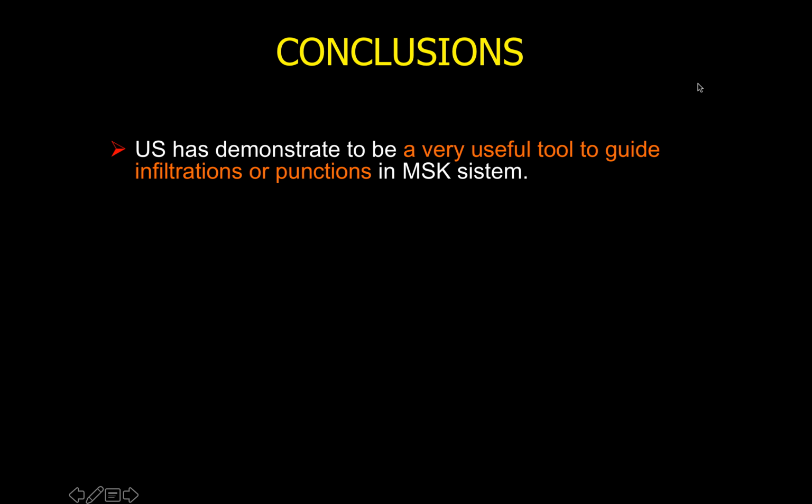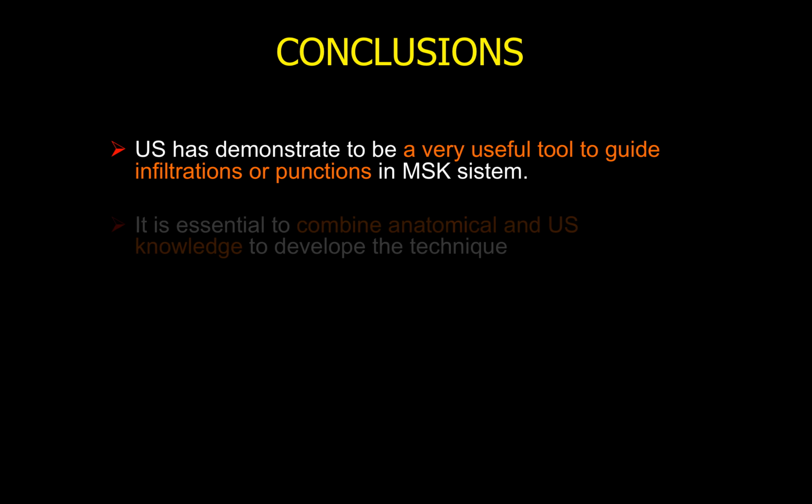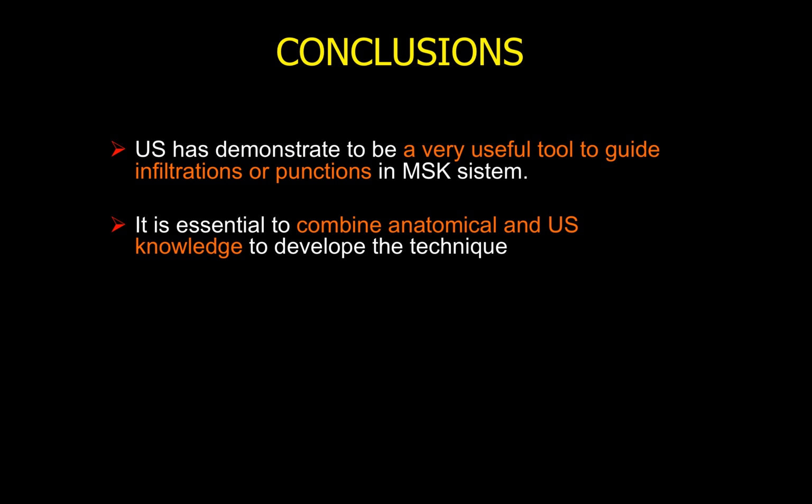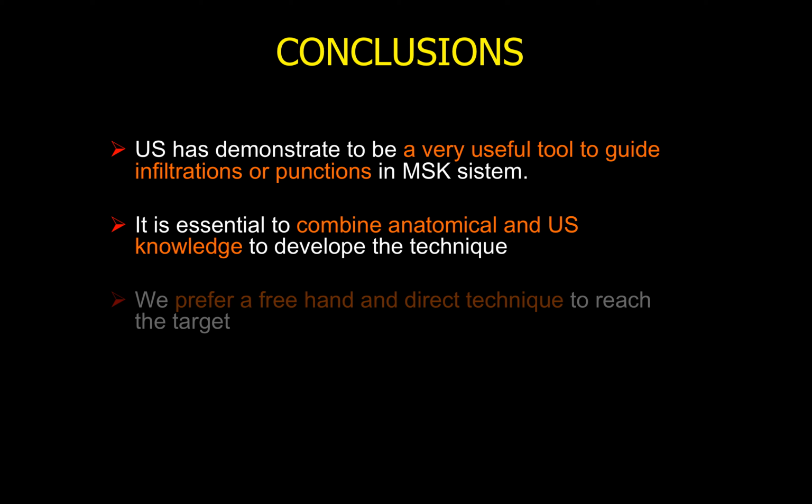In conclusion, ultrasound has been shown to be a very useful tool to guide infiltration or puncture in the musculoskeletal system. It is essential to combine anatomical and ultrasound knowledge to develop the technique.